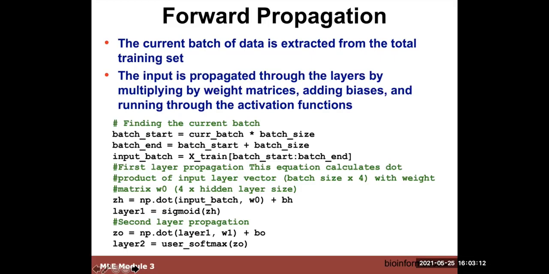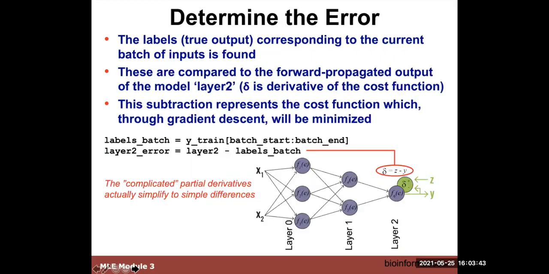So it's a vector times matrix multiplication. If you're not familiar with linear algebra, it might be a time to study it a little bit. But again, this is simply multiplying a vector times a weight matrix. We do this first for the first layer, and then with the second layer. Then we scale them by the sigmoid for layer 1 or the softmax for layer 2.